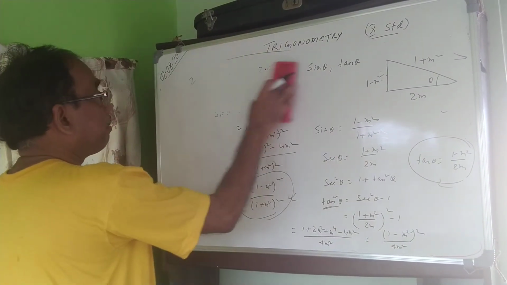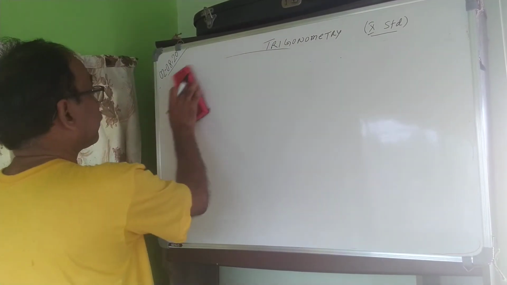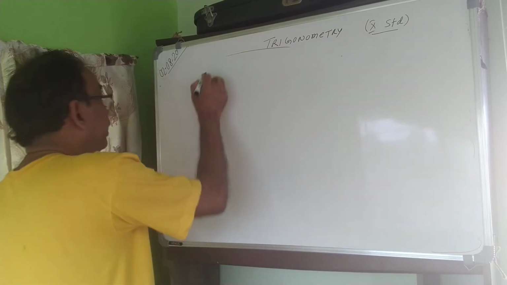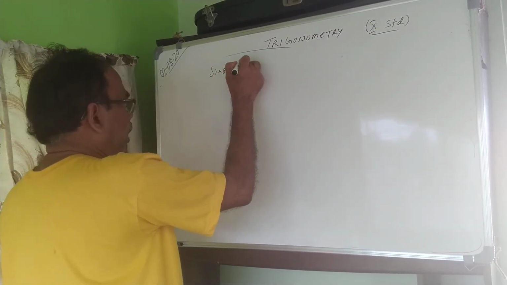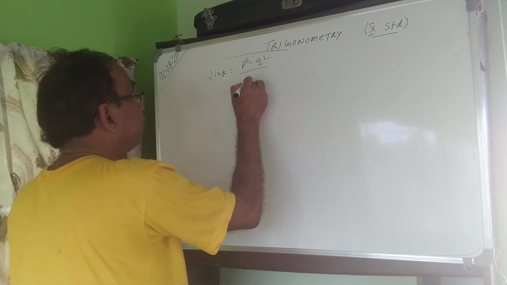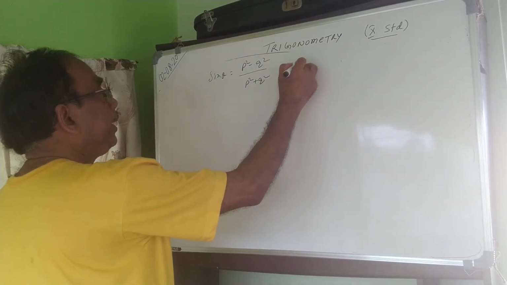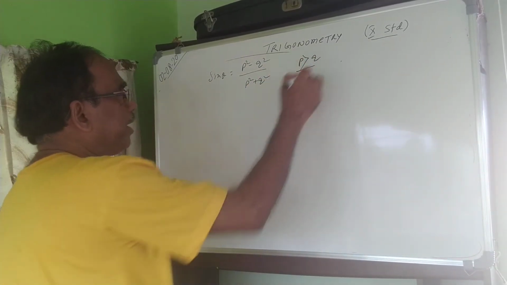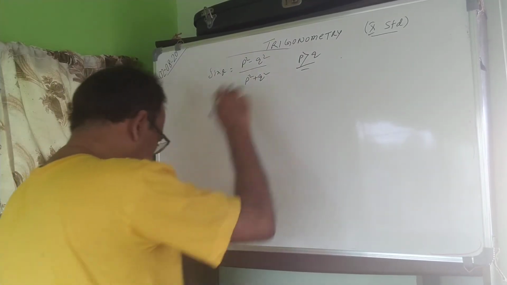Then sum number 3. Here sin theta equals p square minus q square by p square plus q square. Here p is greater than q, that is the condition. If p is less than q, this will be negative. That condition was satisfied.